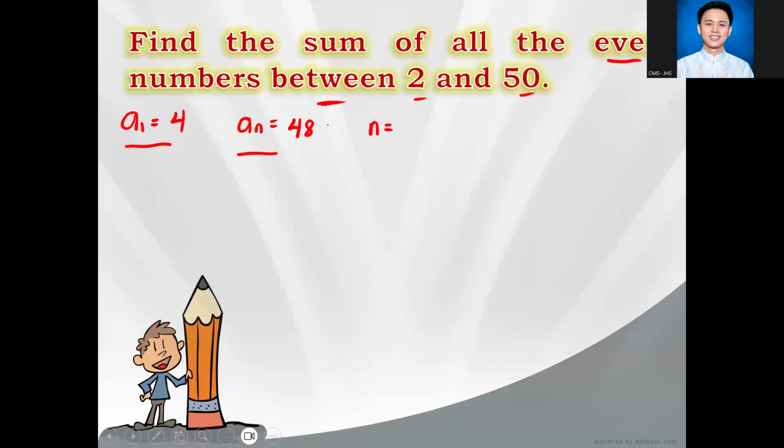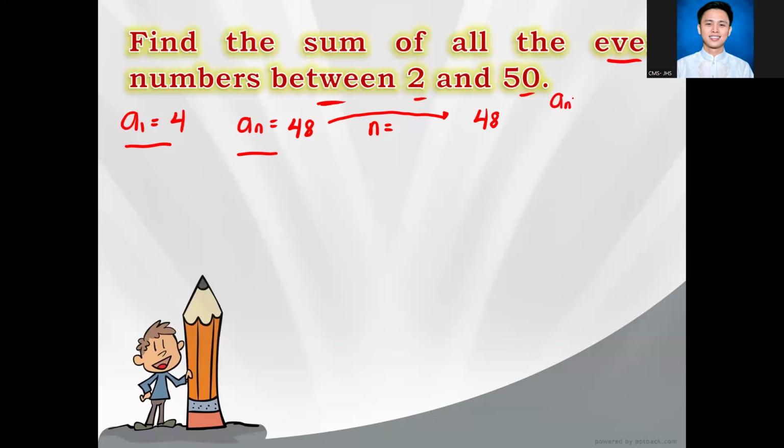So in this case, let us solve for n. How do we solve for n? You take A sub n, the last number. The last number is 48. So, what formula do we need to use? The formula for arithmetic sequence. So what's the formula?